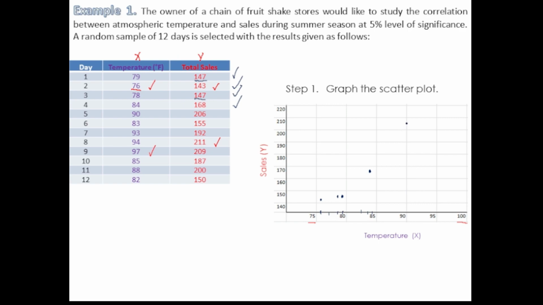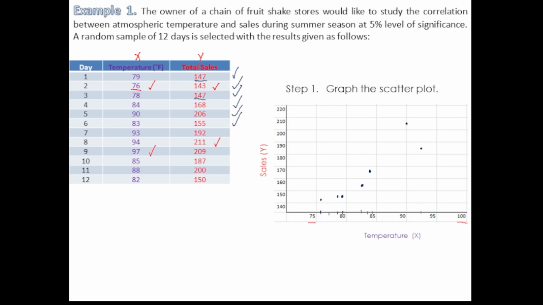Konting-konti lang. Yan. Next, 83 tapos 155. So, 83 nandito, tapos 155 in between. Okay. Next po, 93 tapos 192. So, ito yung 90, gitna, 93.